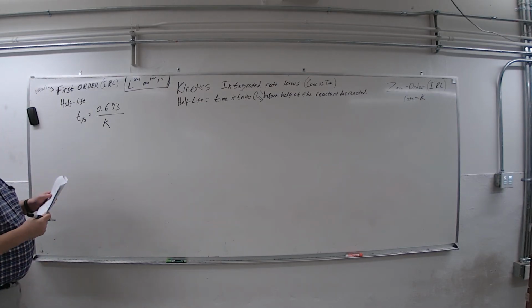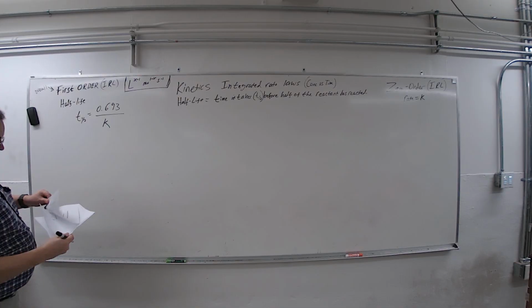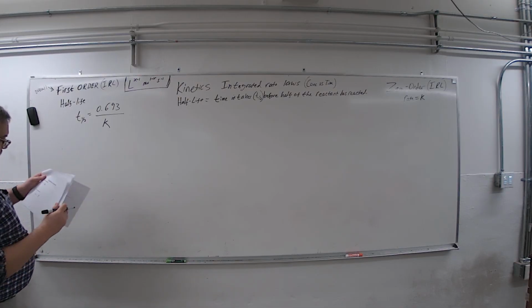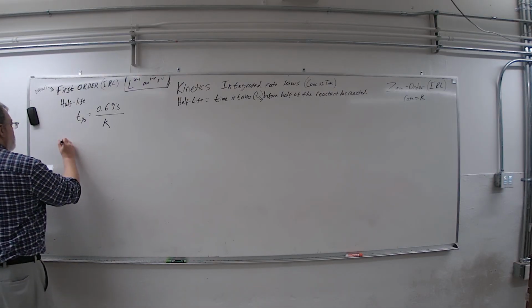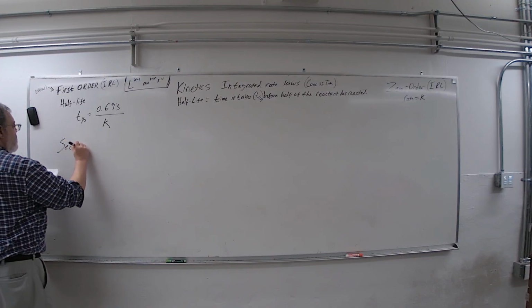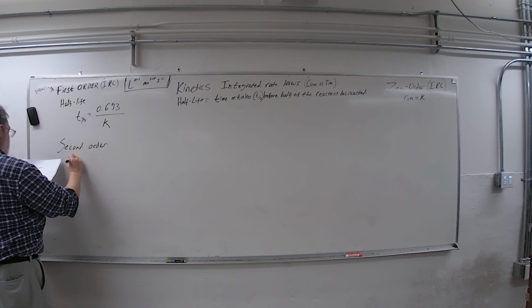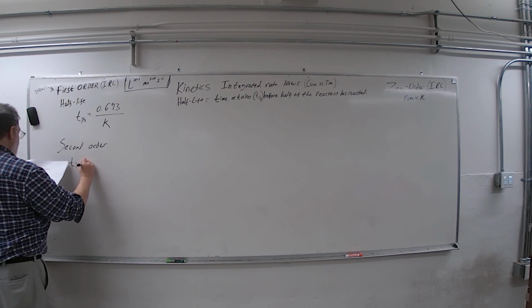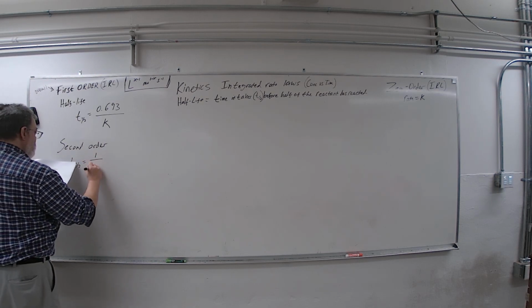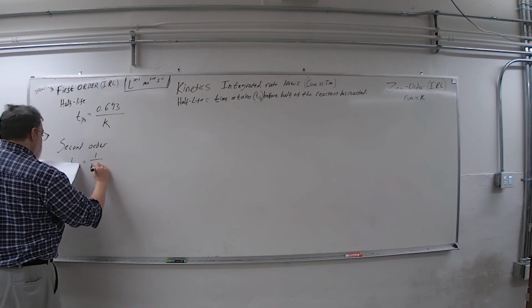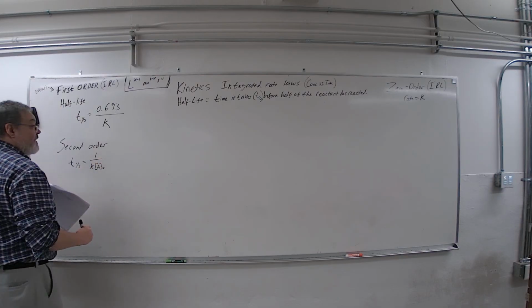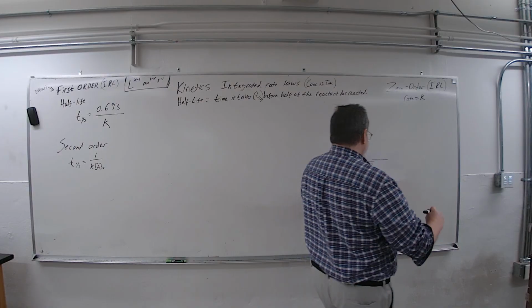So it's that simple for a first order. Half-life for second order, T1 half equals. And 0th order.